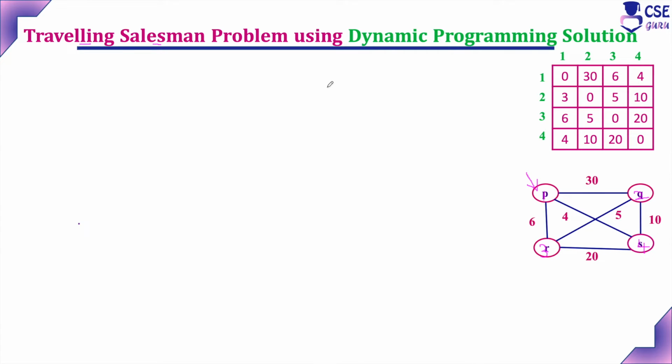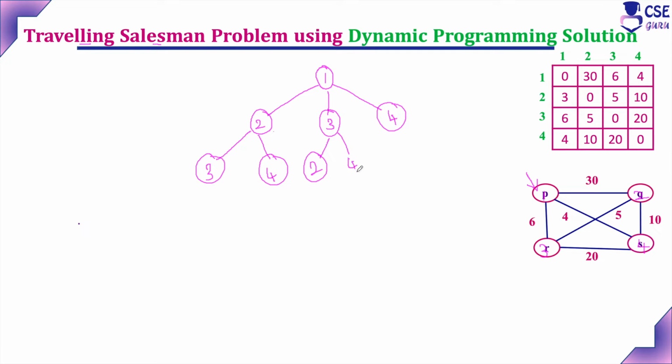So here, the salesman will start from the first city. After visiting the first city, the choice may be 2, 3 or 4. He may visit 2 or 3 or 4. After visiting 2, the remaining cities are 3 and 4. After visiting 3, the remaining cities are 2 and 4.